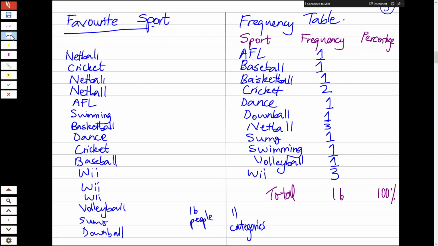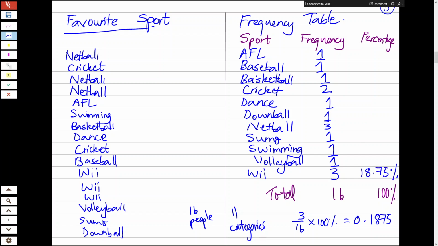So we just did a unit on percentages. So hopefully you can tell me how you might convert 3 out of 16 to a percentage. 3 over 16 times 100. Okay. And if you do that, you should get 18.75. Just check that for me.